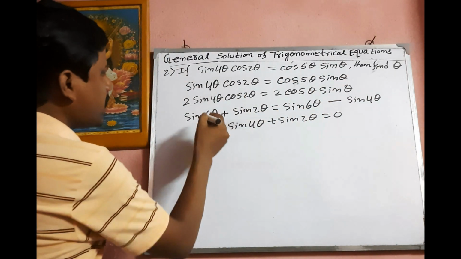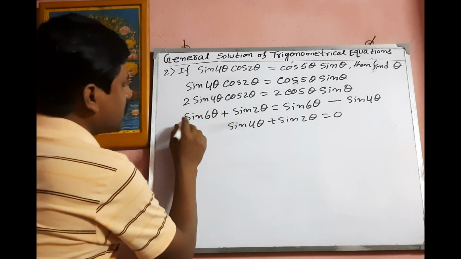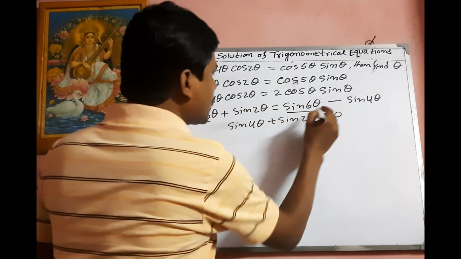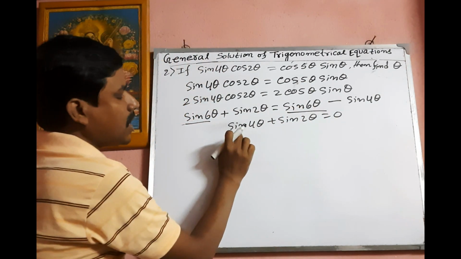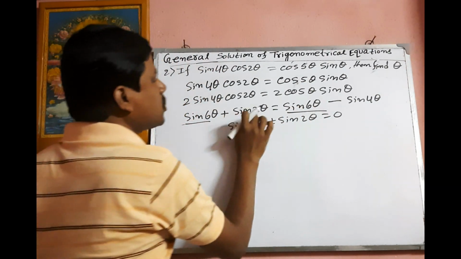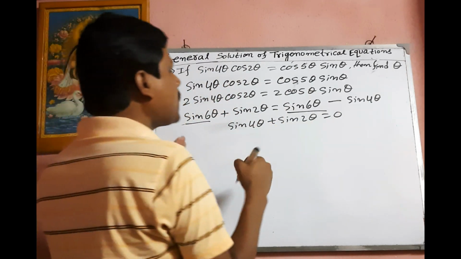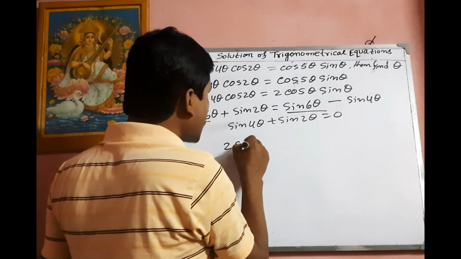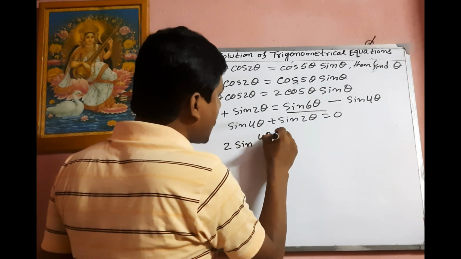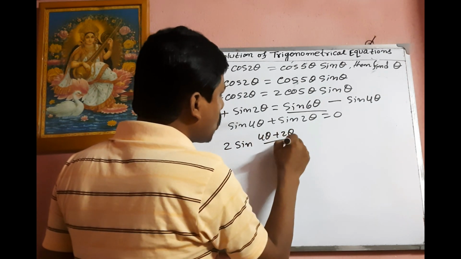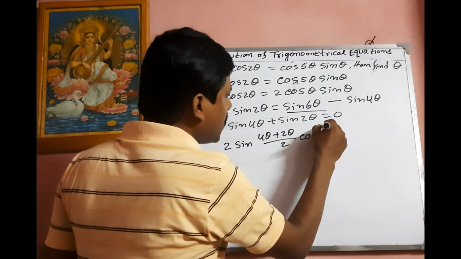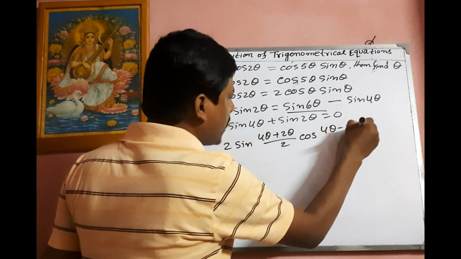Now we are vanishing sin 6 theta from both sides. We get sin of 4 theta plus sin of 2 theta is equal to 0. Now we are using the sin C plus sin D formula, 2 sin of C plus D by 2 into cos of C minus D by 2.